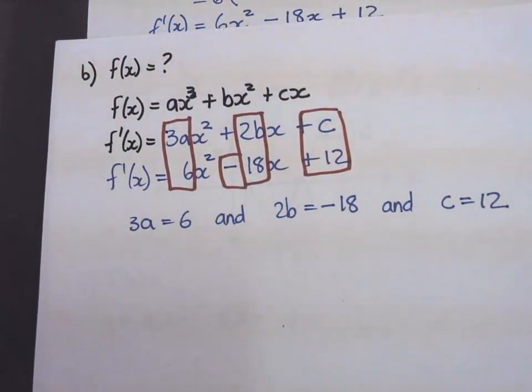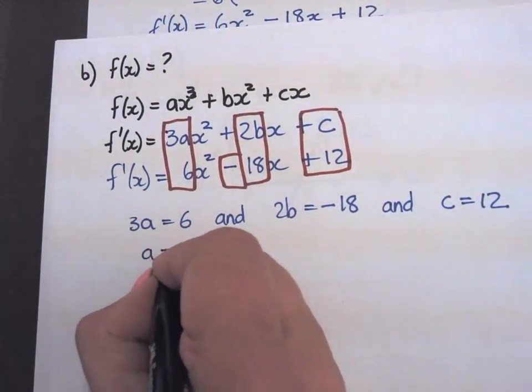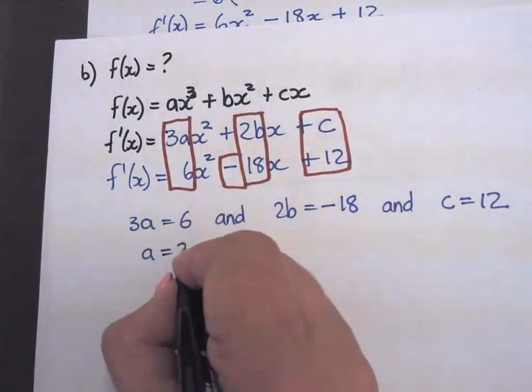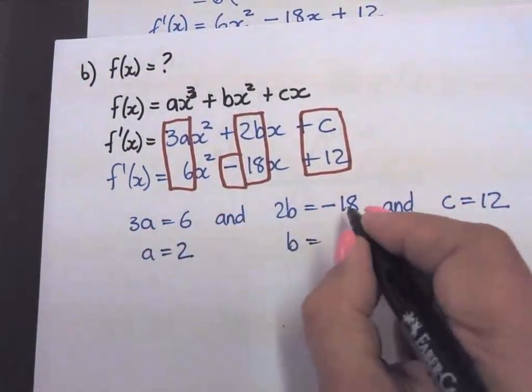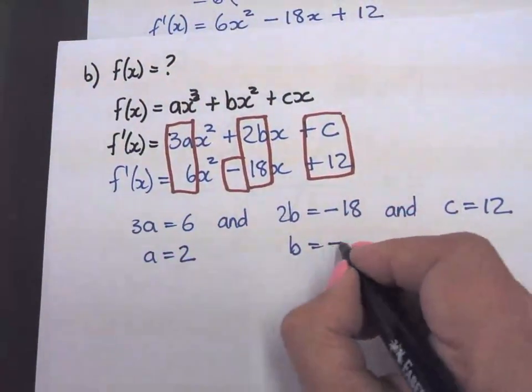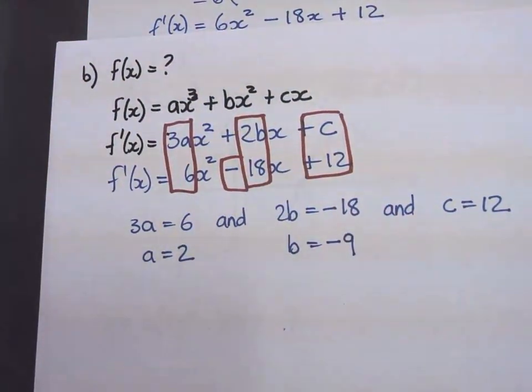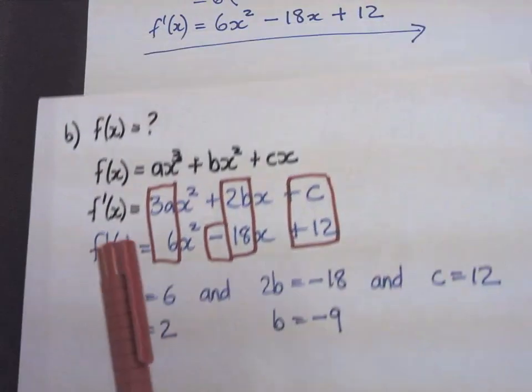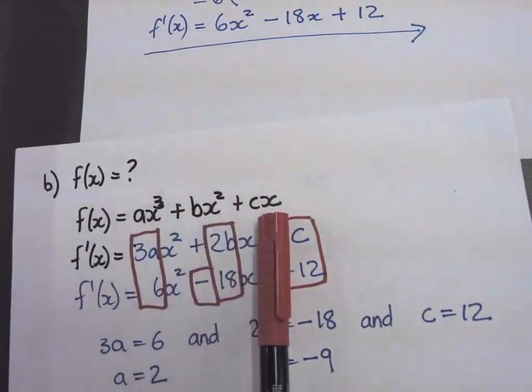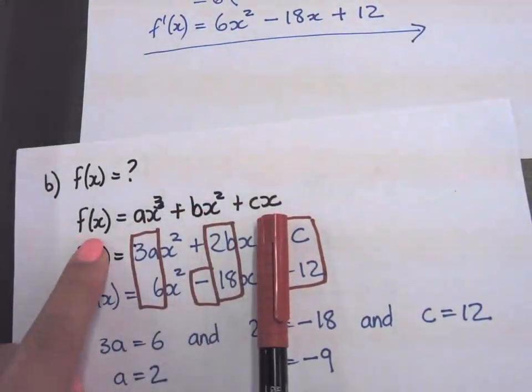Now we just need to work out what a is. A is 6 divided by 3 is 2. B is negative 18 divided by 2 is negative 9. And we have c. Now I have a, b, and c, so I can substitute it back into the formula that they gave us.